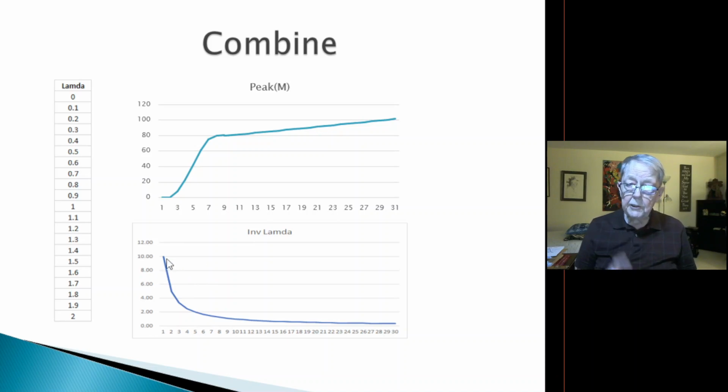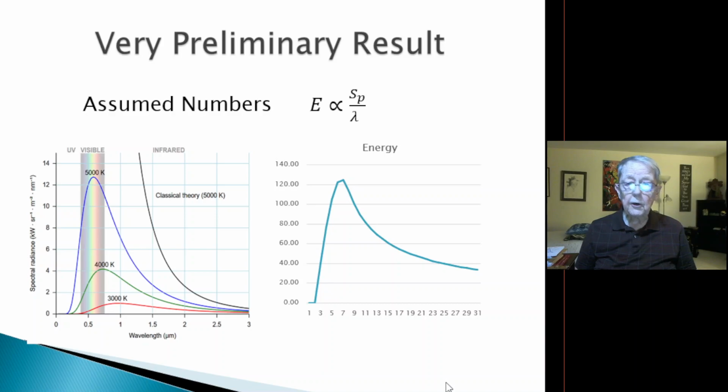This clearly shows that at high frequency, short wavelengths, the number of hits is high, and it gets lower and lower as you go out. So the product of these two, which is the same as the equation I just showed, gives me this curve. This is the equation: size of the peak divided by lambda gives this curve.